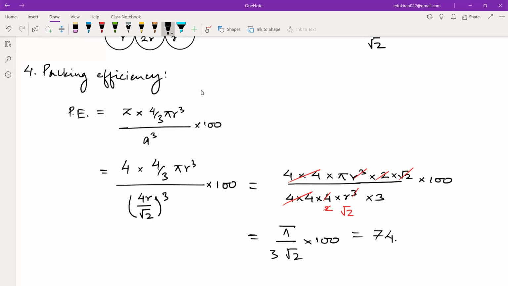Khalid? Calculated again, this will be 74%. Yes, others, please start writing. Write till 74%.